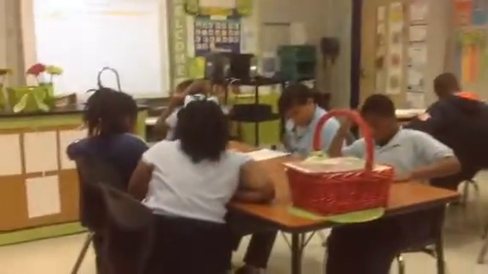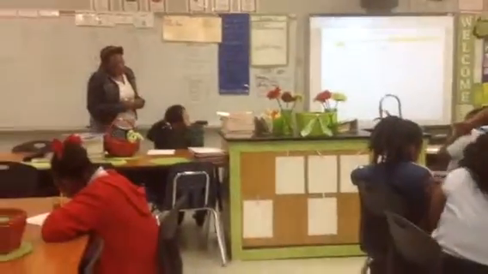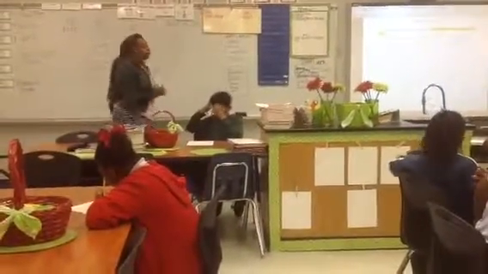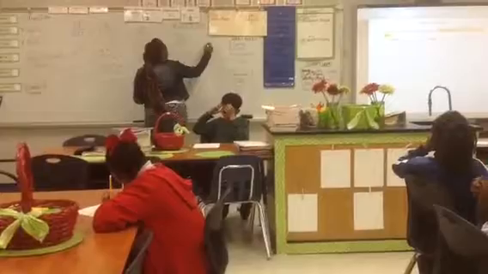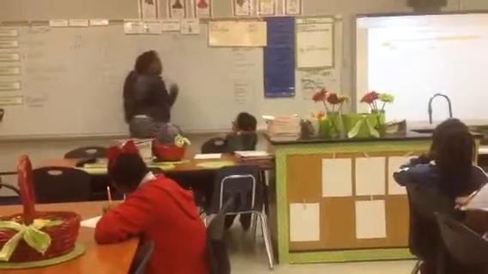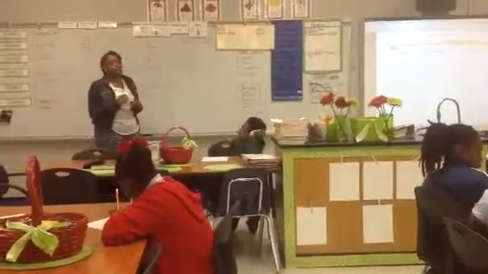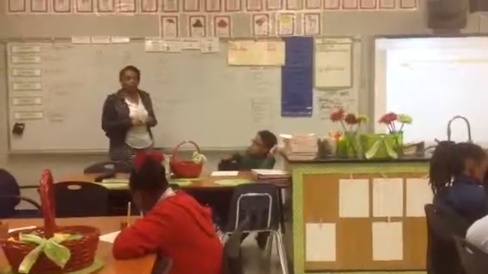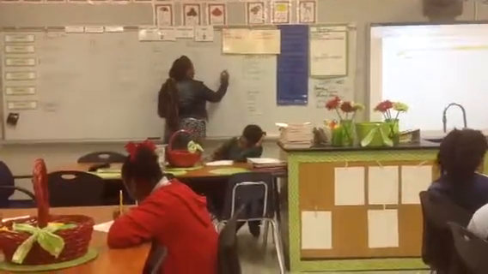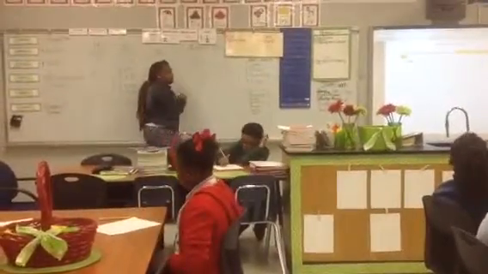Okay, so it said, use a diagram to explain how you know the number is prime. So if we put 2 just like we've done here, and we put the line up under it, how can we show that 2 is prime? Just 1 times 2. This diagram lets us know that's the only way.